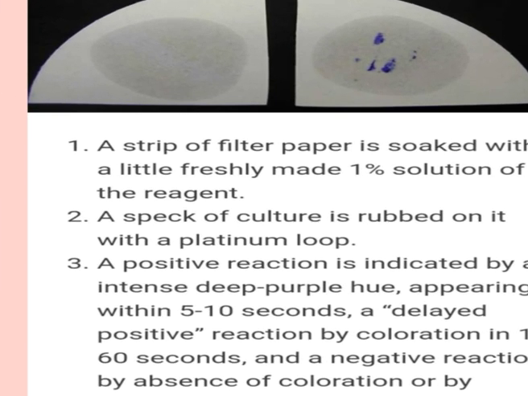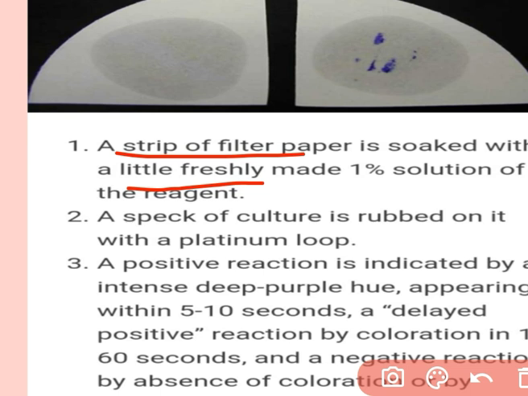Procedure for this test: a strip of a filter paper is soaked in a little freshly made 1% solution of the oxidase dye. Then the paper is dried. After drying of a paper, a culture is rubbed on it through a wire loop.